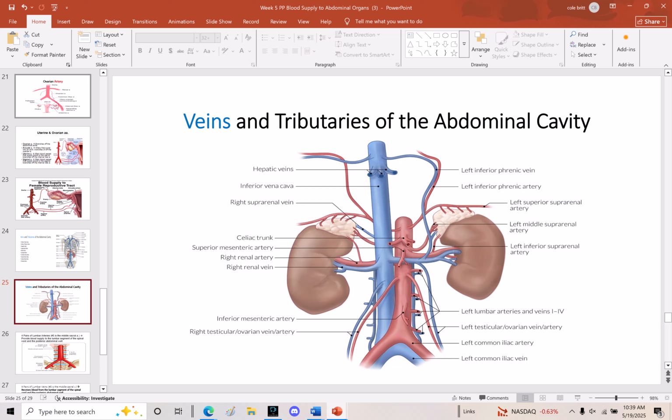Now I said something a few minutes ago about the portal system. Now someone say, who was awake and not looking at Facebook: what does the portal system do? Drain blood.